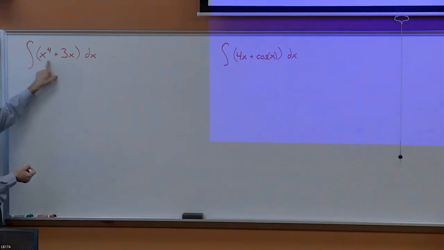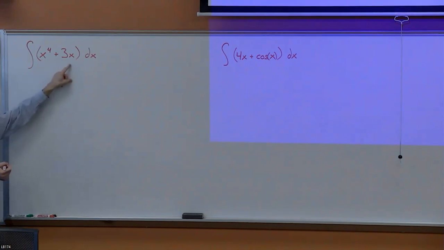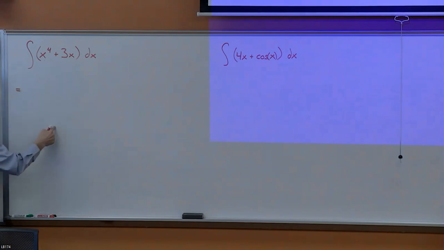For the polynomial pieces, like x to the fourth and 3x, if the derivative makes the exponent come out front and multiply, and then it reduces the exponent by 1, the antiderivative increases the exponent by 1. And then instead of multiplying, you're going to be dividing by your new exponent. So we had an implied 1 as a coefficient.